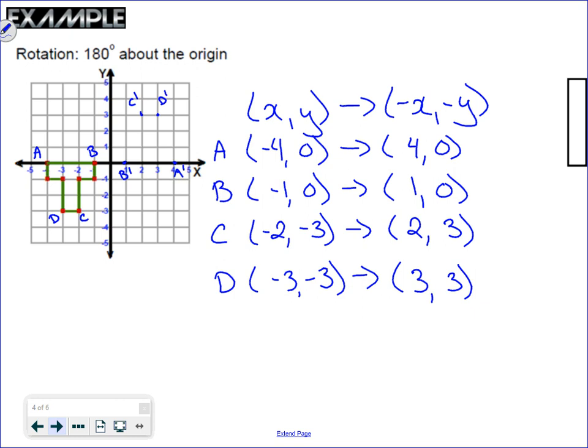So now we only use 4 of the points, or the vertices. So we want to draw our shape in so that it looks like an upside down T. So this new upside down T was rotated 180 degrees about the origin.